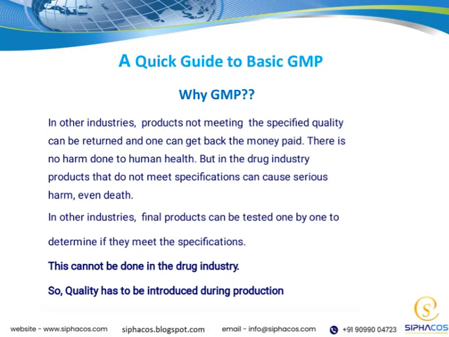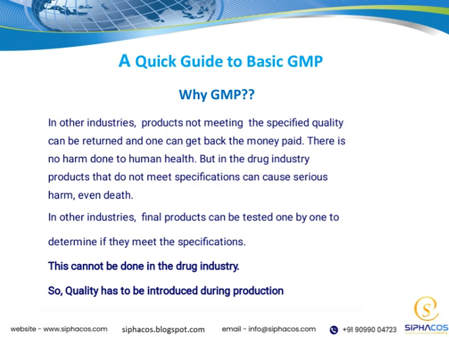So, why is GMP, or Good Manufacturing Practice, so important? Well, it's really the foundation for ensuring that the products we produce are safe, effective, and of consistent quality. Today, I'll give you a quick guide to the basics of GMP so you can see how it all fits into our overall goal of delivering trustworthy products. First, GMP sets the standards for all aspects of production, from raw materials to the final packaging. It emphasizes the importance of maintaining a clean and controlled environment to prevent contamination.